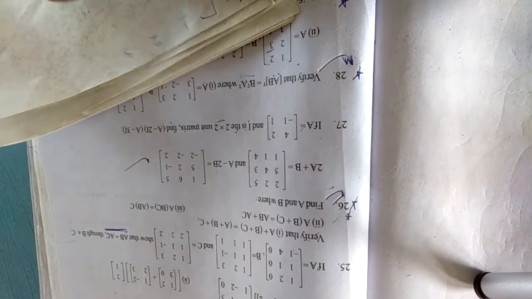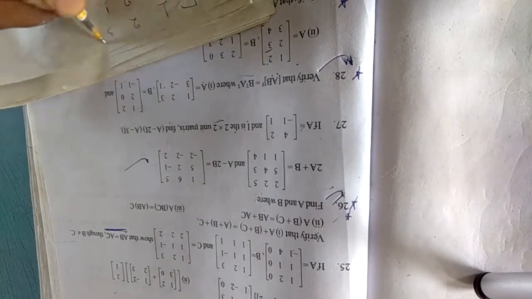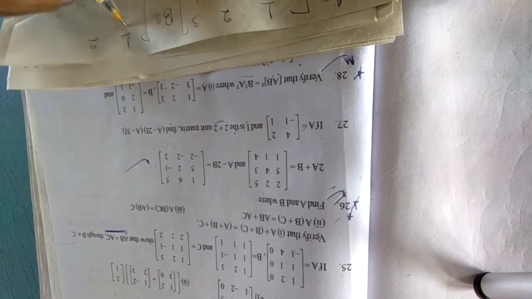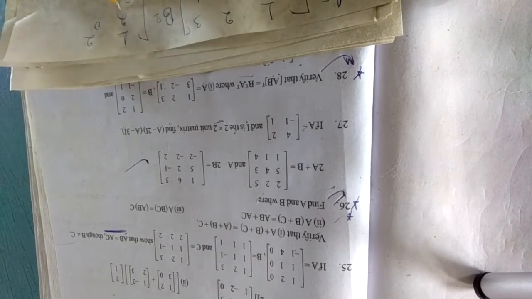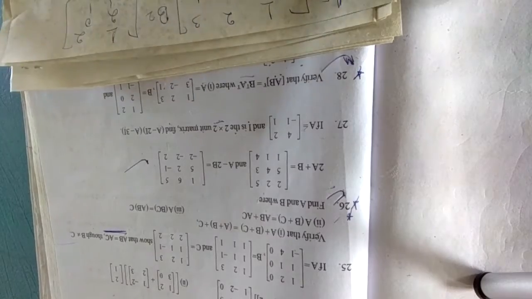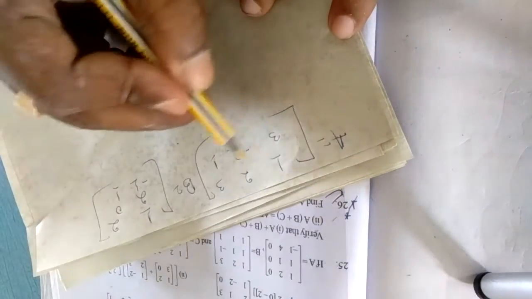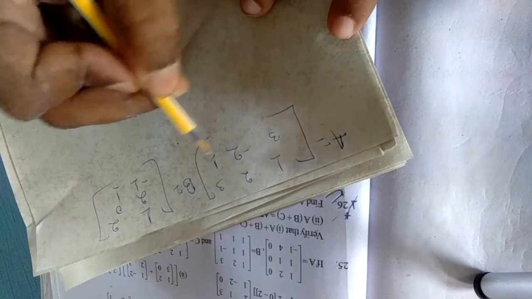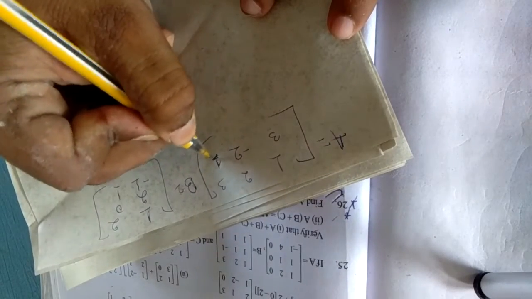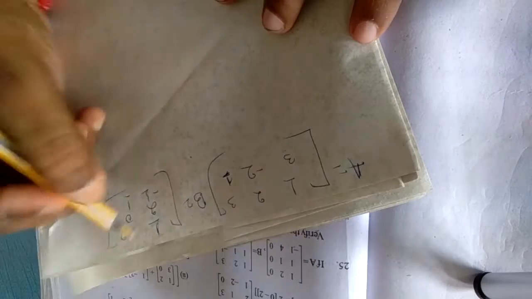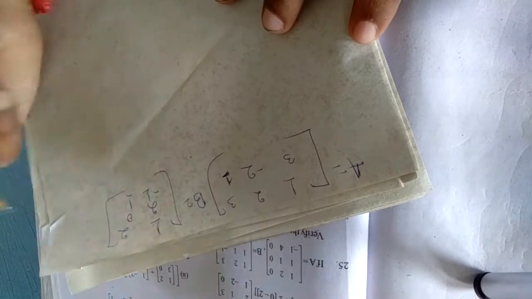A matrix is 1 2 3, 3 minus 2 1, and B matrix will be 1 2, 2 0, minus 1 and 1.